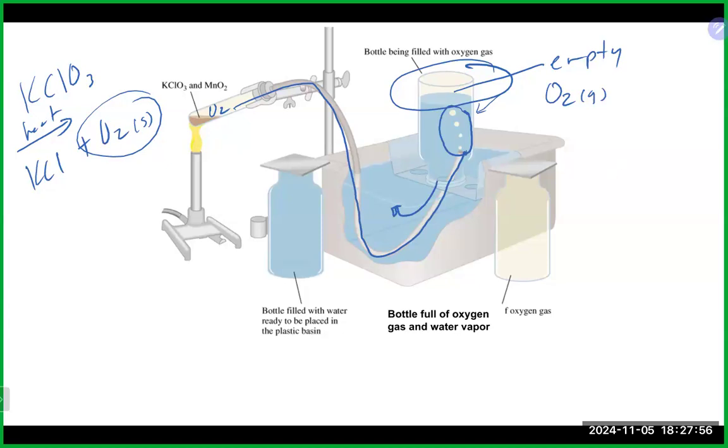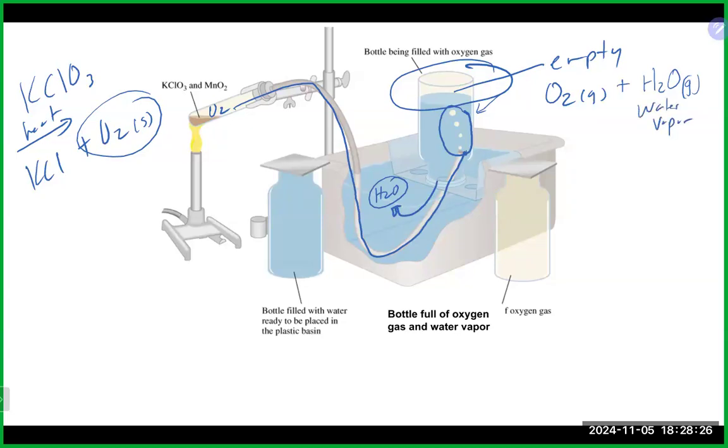But there is sort of a consequence that occurs when you collect your gas this way. We have water, we have a chemical reaction occurring, probably some heat happening. So what happens when you heat up water? It starts to evaporate. So in addition to the oxygen gas that you would collect in this experiment, you would actually get some free water vapor there for free.